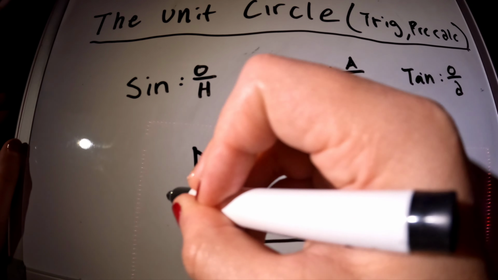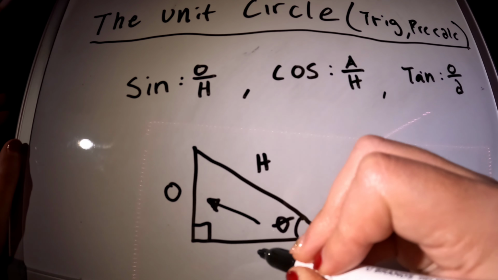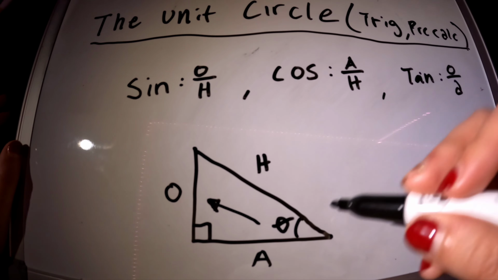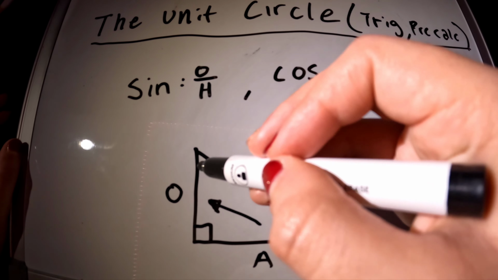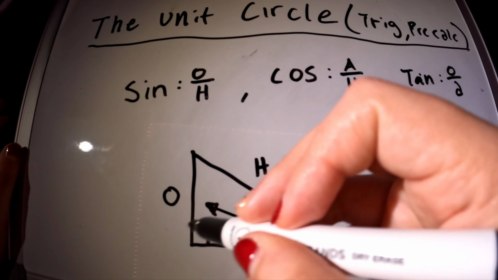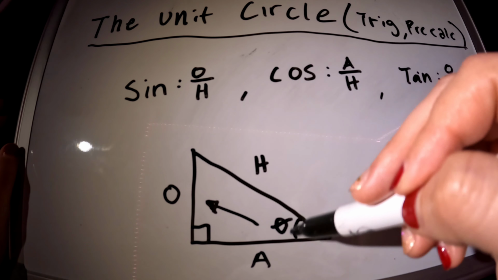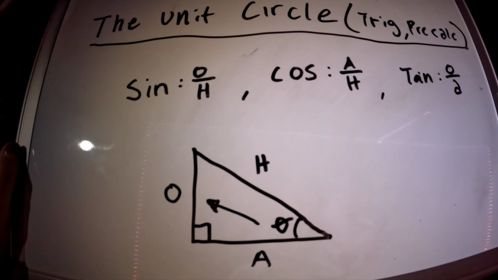That would be opposite, and your adjacent side would be the one that's right next to it, so this would be adjacent. And this works for every different angle, so I guess these two, that's not the right angle because you already know this angle right here. And what it's used for is to find what this angle is or what that angle is given your sides.